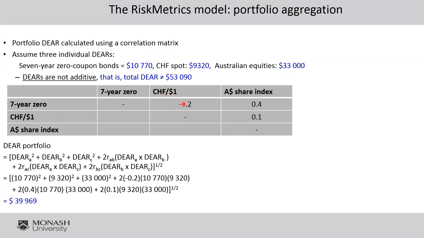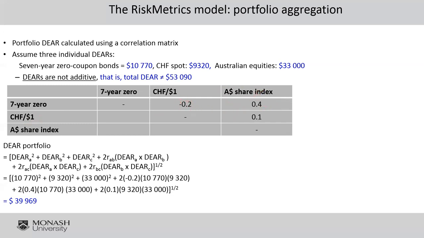Swiss franc, 0.02. And this 7-year also has a correlation between the changes in the fixed income and the share index, the dollar, the index, which is actually the changes in the equity. And then we also have a correlation between the exchange rate and the index, which is the equities.